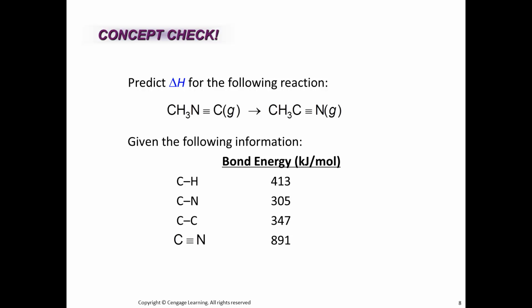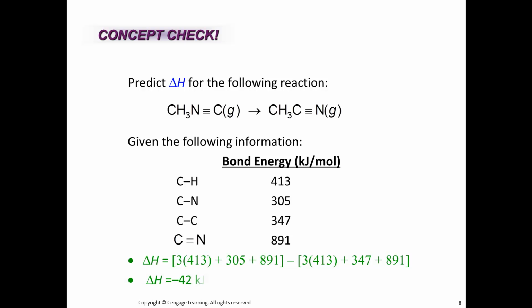Keep in mind that this is simply the sum of the energy of the bonds breaking minus the sum of the energy of the bonds being formed. Here we have bonds breaking minus bonds forming to give an overall change in enthalpy for this reaction of minus 42 kilojoules.